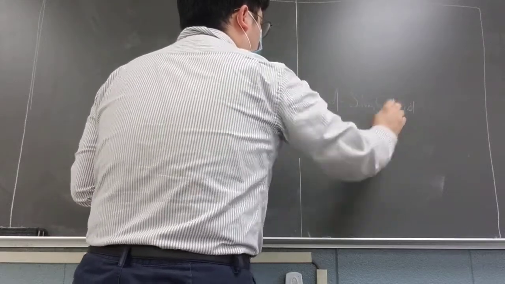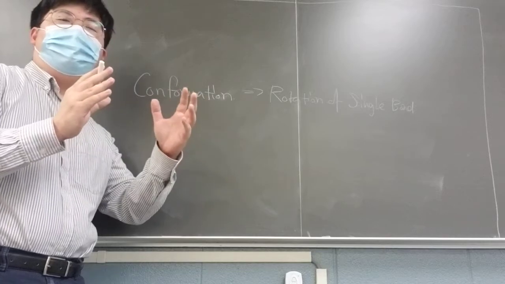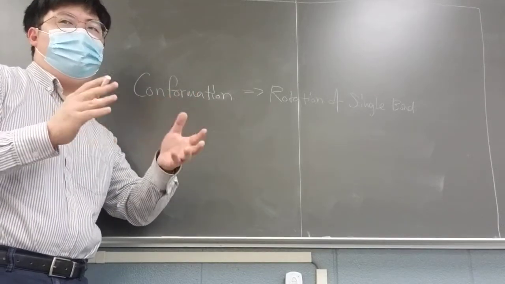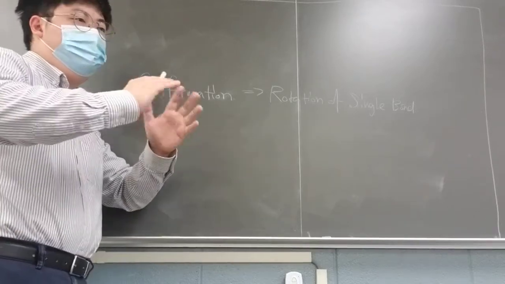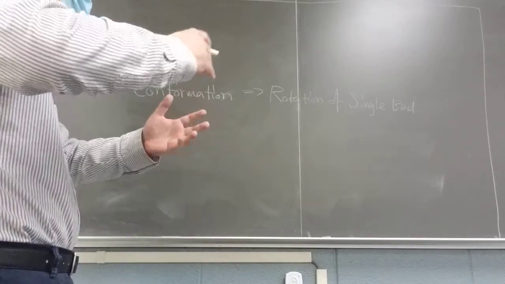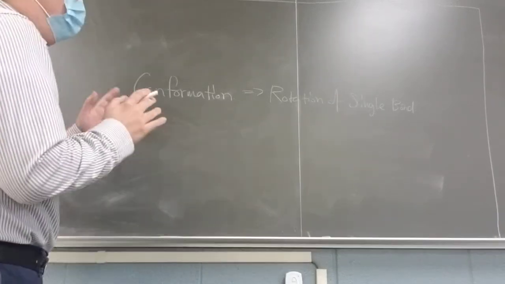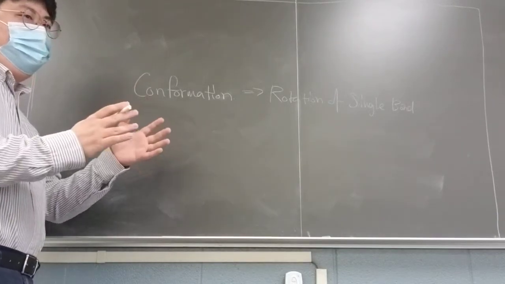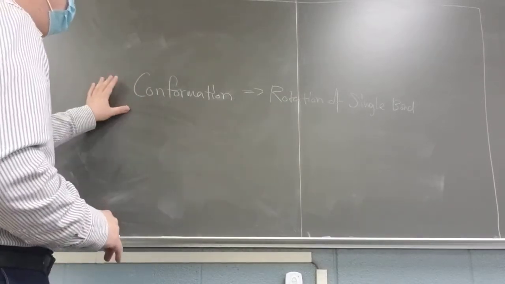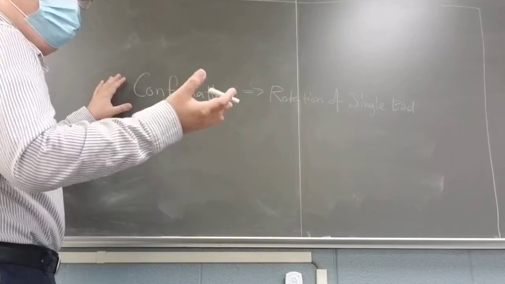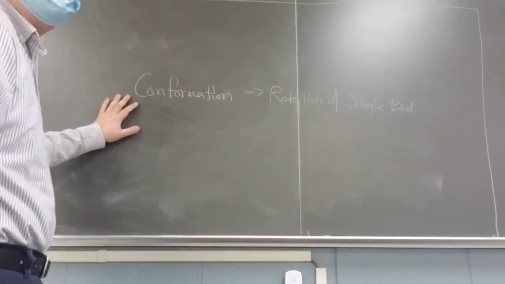Because I'll tell you once more later, the double bond and triple bond cannot rotate. Only a single bond can freely rotate to left or right in different angles and so forth. If rotating the single bond changes the structure, you have a lot of different types of conformers, meaning different structures by conformation.